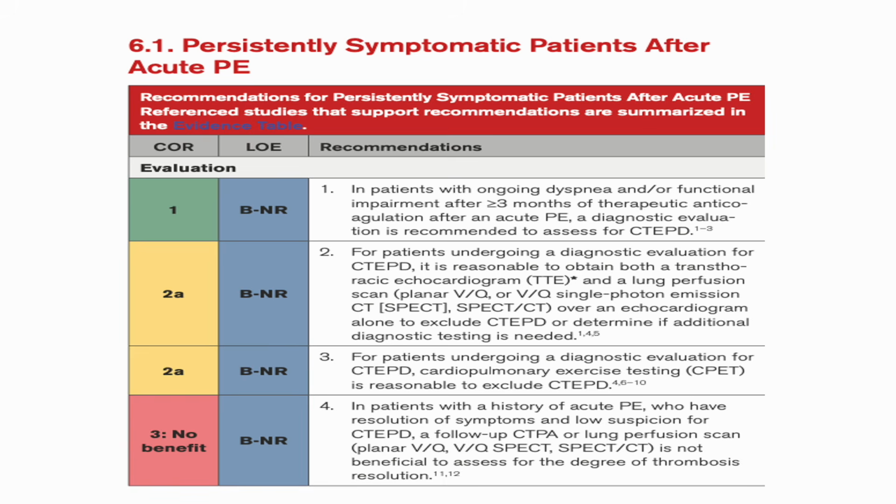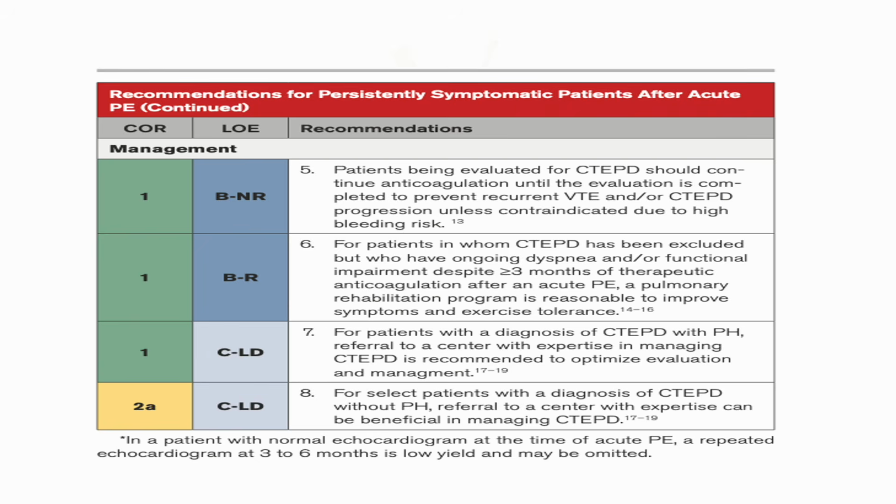In that case, it's not indicated, only if your patient is symptomatic. The recommendation says that patients being evaluated for CTPD should continue their anticoagulation until the evaluation is complete so that they don't have a new embolus.